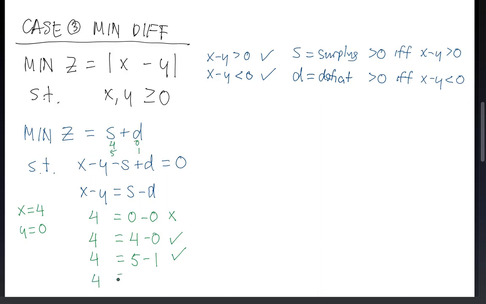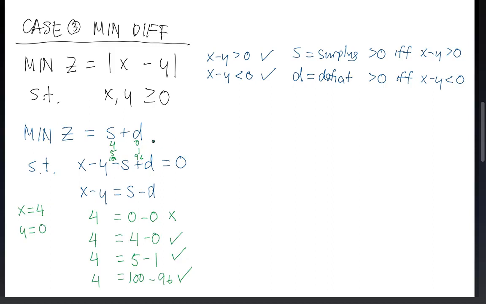This can also be 100 minus 96. And this is equal to 4, right? 196. And this also holds. So there are an infinite possible number of combinations for s and d. So don't we need a constraint to fix that? The answer is no, we don't.